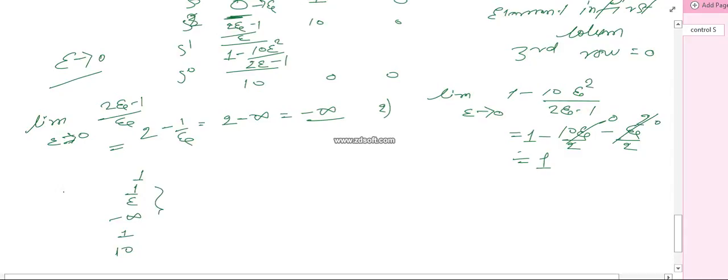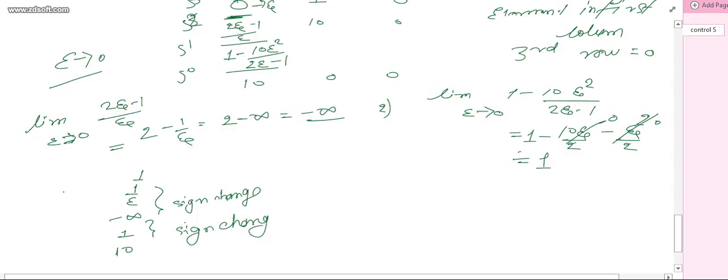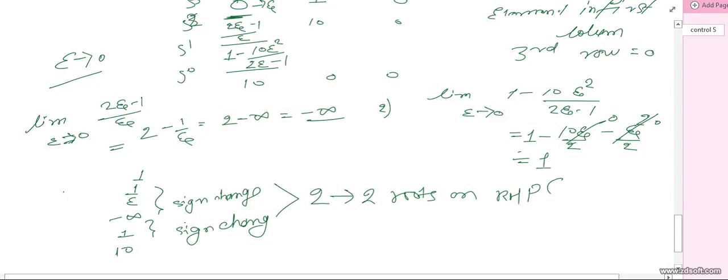So again from here to here and here to here sign change, and here also sign change. So total number of 2 sign changes, that means 2 roots on right hand plane. We have 2 roots on the right hand, so again system is unstable.